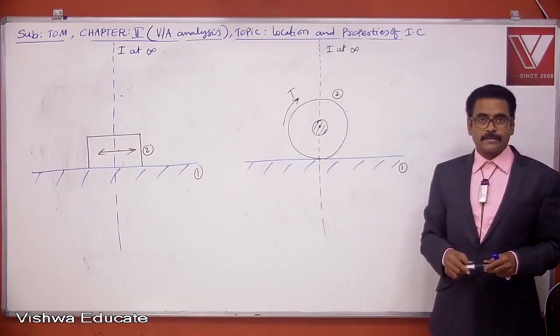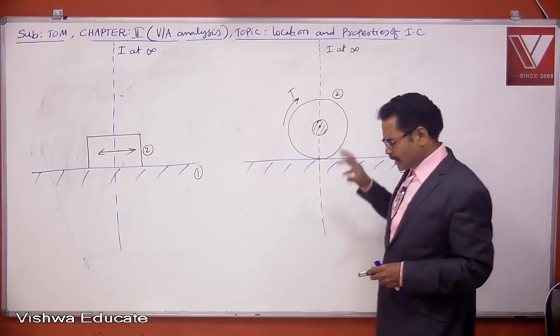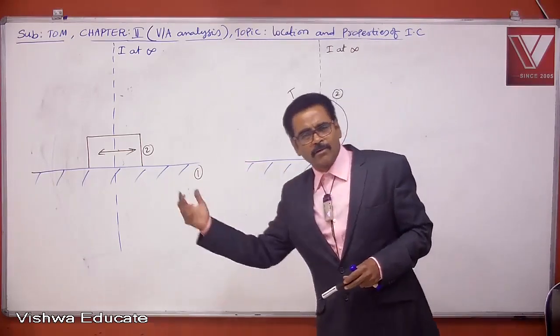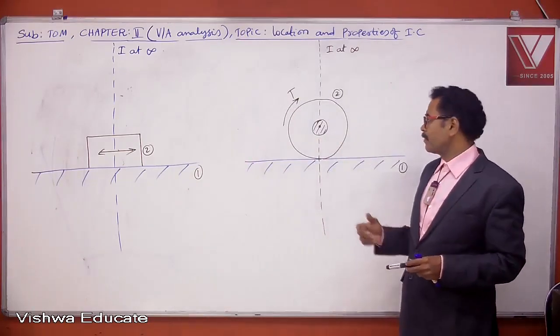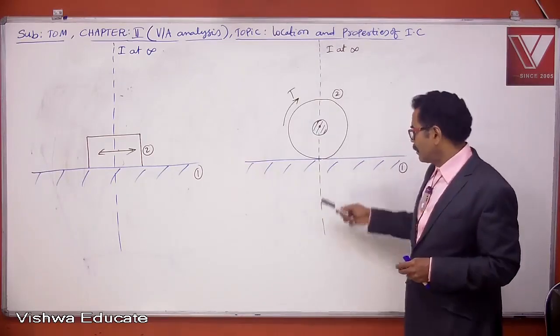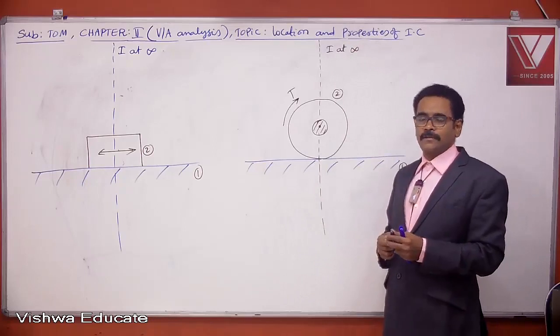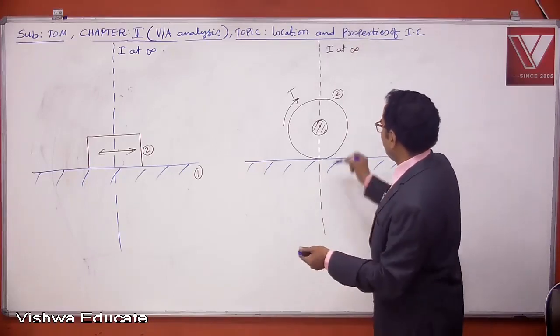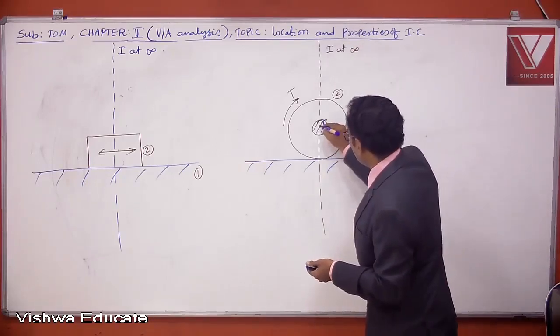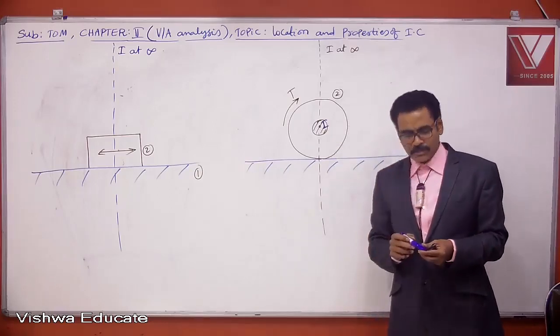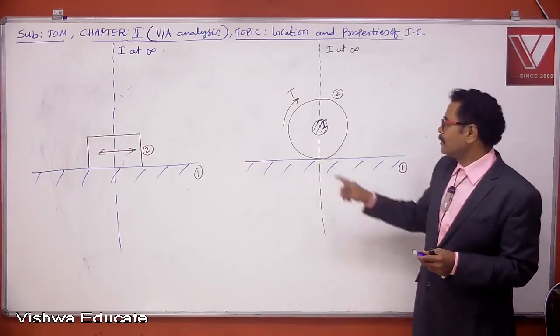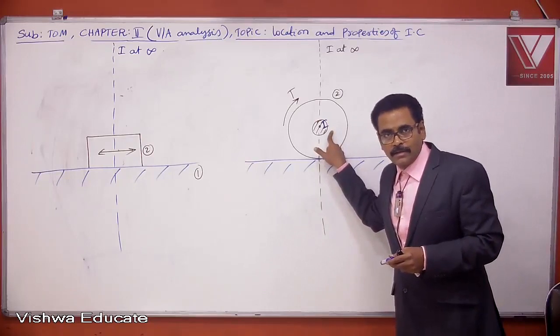Where does the IC lie? If the disk is turning by torque without translation, where does the IC lie? Point of contact or point at infinity? So in this case, the instantaneous center lies at the center of the disk.